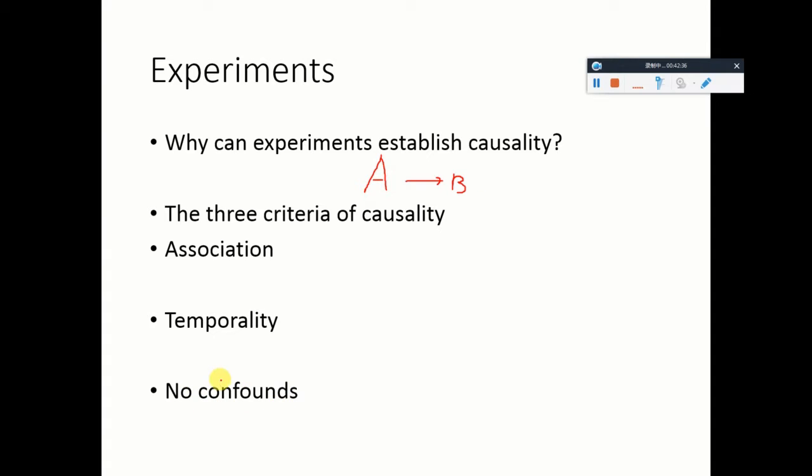So by ruling out confounds, we'll be able to confidently claim that it is indeed A causes B. In other words, if these are the three criteria of establishing causality, and if we say that experiments can establish causality, it follows that experiments are able to meet these three criteria.